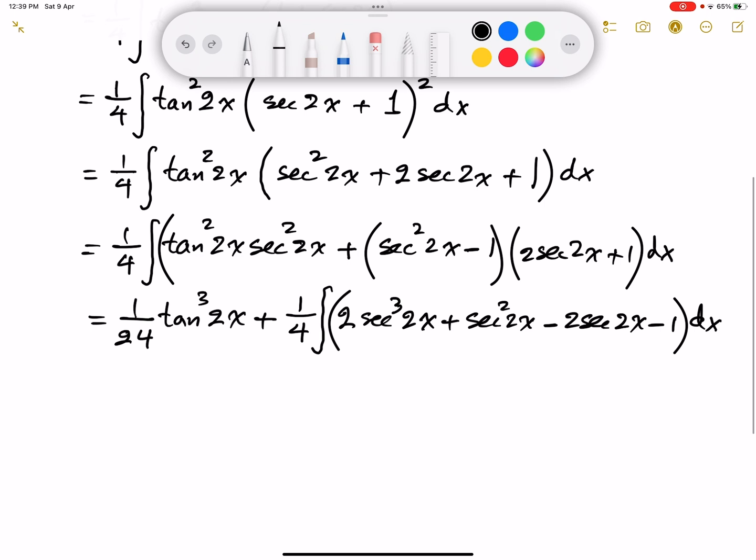Okay, so this is what I'm going to do here. I will put the final formula first.